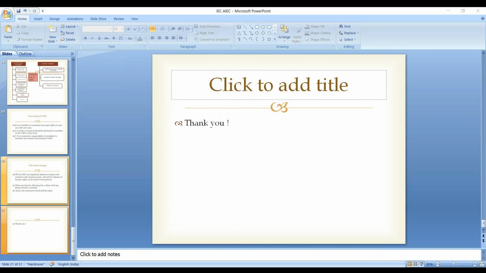Then the second is the expedited review.